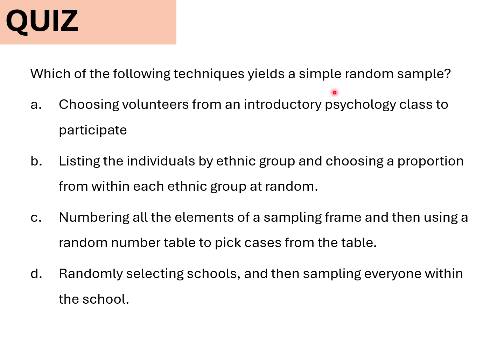Which of the following techniques yield a simple random sample? Choosing volunteers from an introductory psychology class to participate, listing the individuals' ethnic group and choosing a proportion from within each ethnic group at random, numbering all the elements of a sampling frame and then using a random number table to pick cases from the table, or randomly selecting schools and then sampling everyone within the school?